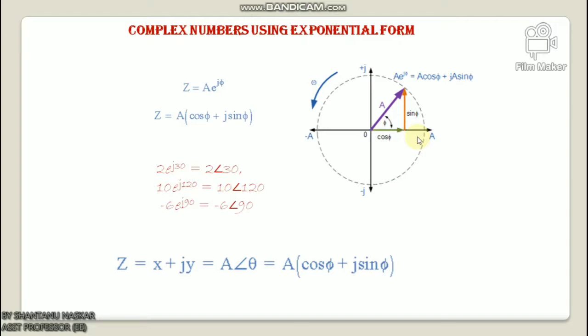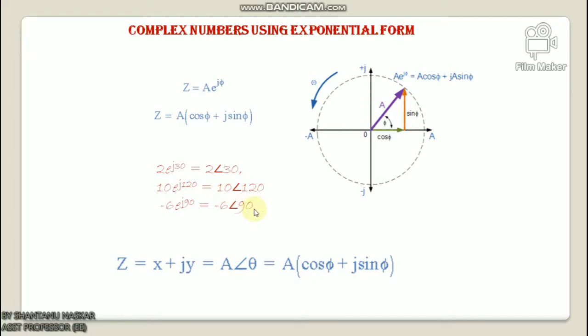We can easily convert complex numbers in exponential form into polar form, such as 2 e to the power j 30 equals 2 angle 30, and 10 e to the power j 120 equals 10 angle 120, and minus 6 e to the power j 90 equals minus 6 angle 90.